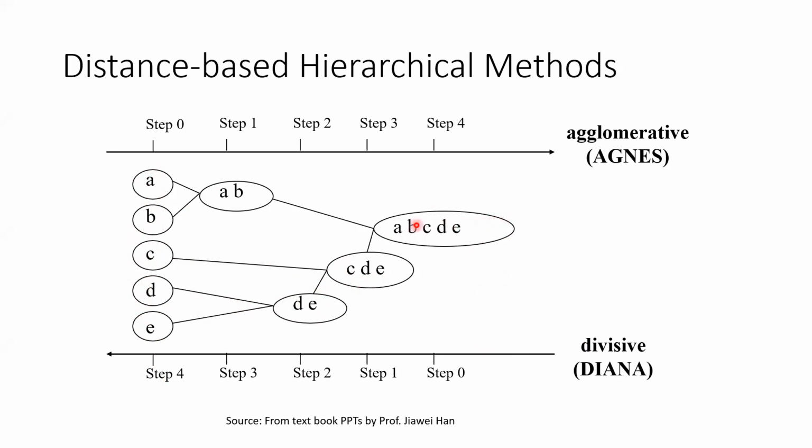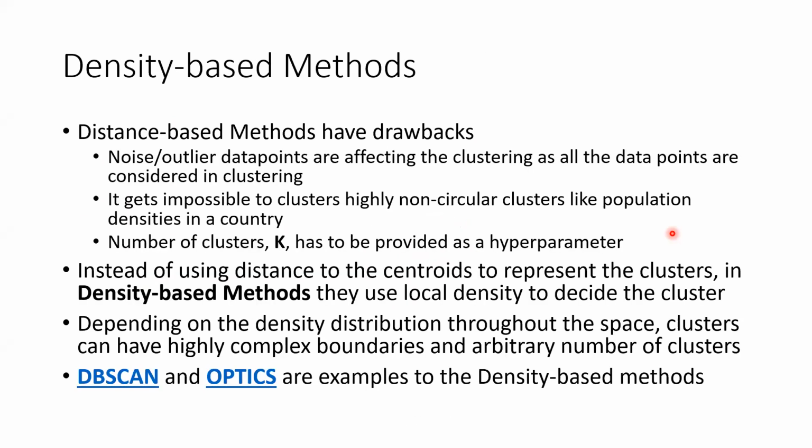In both cases this is the hierarchy. It starts with the root, where all the data points belong to one cluster, and at the leaf each of the data points has its own cluster. So this is a hierarchy of clusters. There are different algorithms to define these hierarchical clusters, so we are not going to discuss much about it.